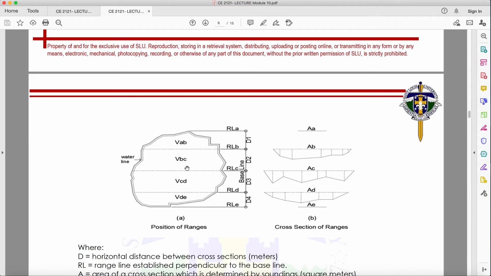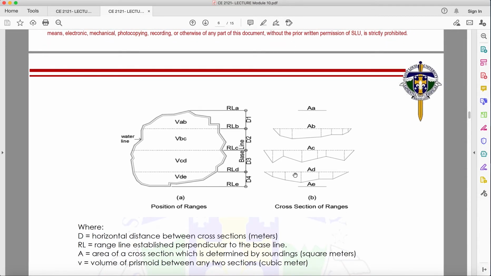So dito sa RLC, this is the water surface. Ito yung itsura ng ilalim. Ito yung waterbed. Then yung sa taas, that would be water. Next sa RLD, ito yung level ng water surface. Then ito yung ating ilalim. Okay? Then we get the area.